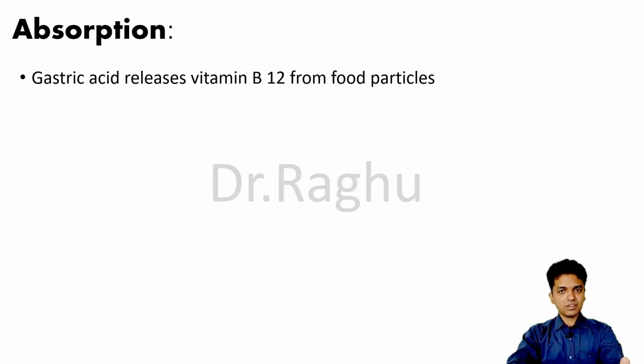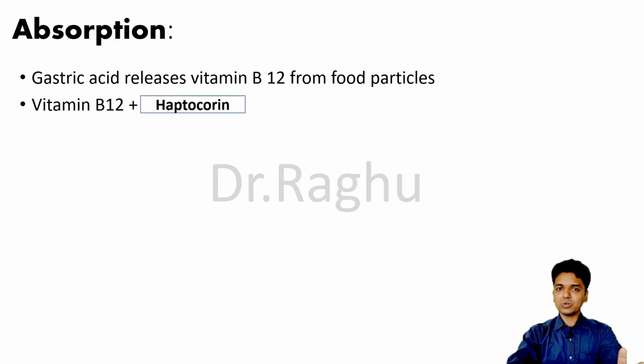Now what has happened right now? Food has entered into the stomach, gastric acid has acted on the food, and vitamin B12 is extracted. Now this vitamin B12 is going to form a complex with a compound which is called haptocorrin. What is haptocorrin? Haptocorrin is also called R binder. This haptocorrin is produced from the salivary glands.